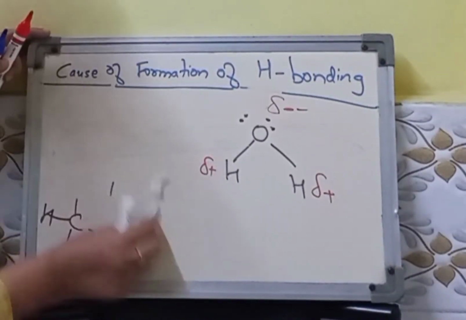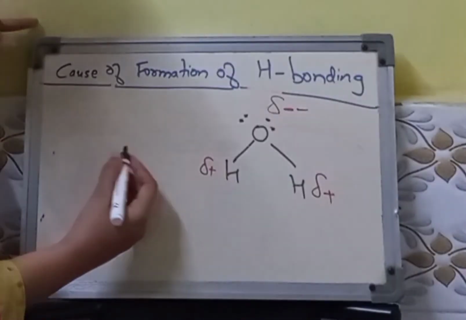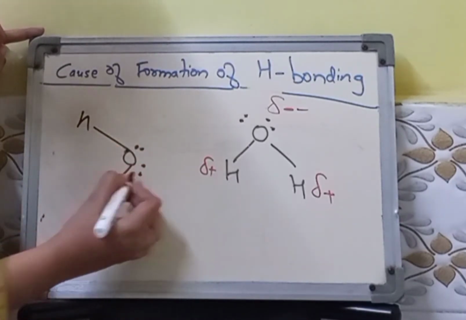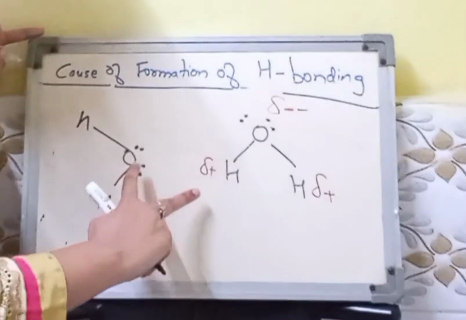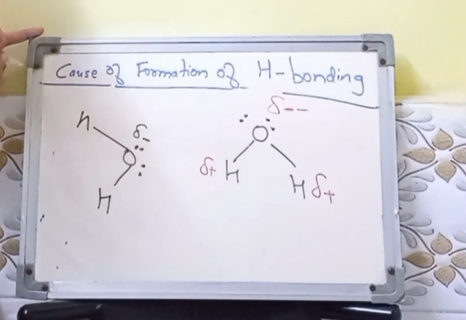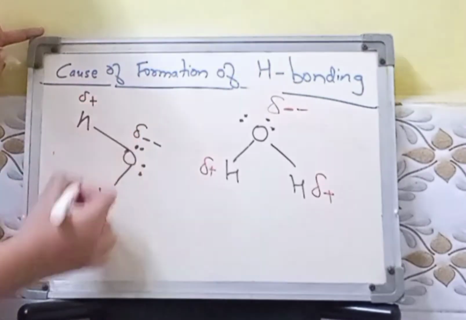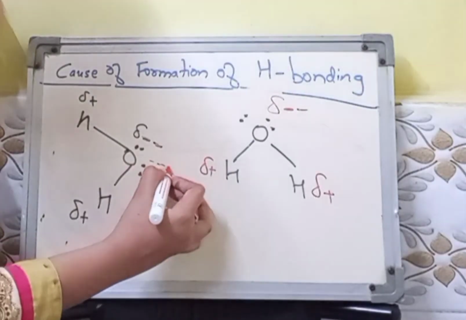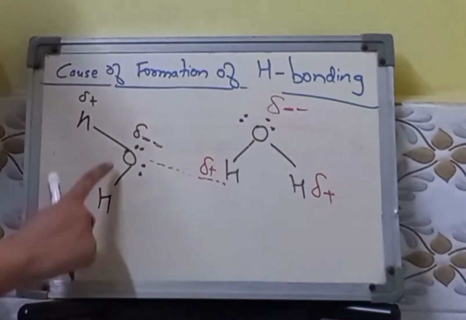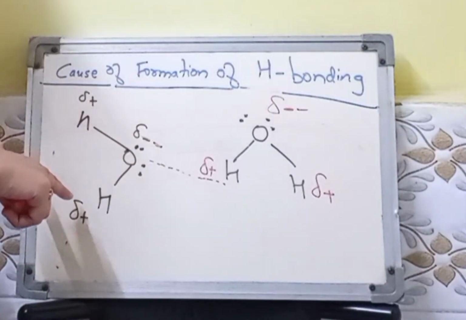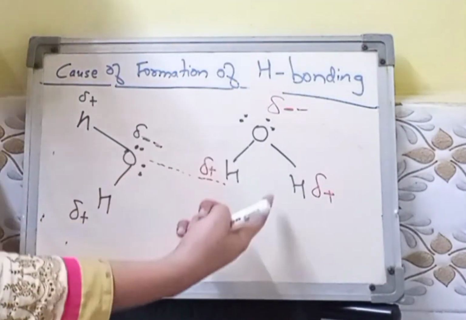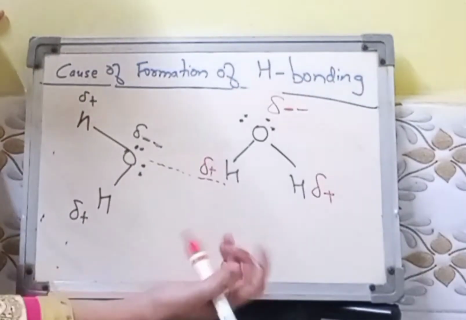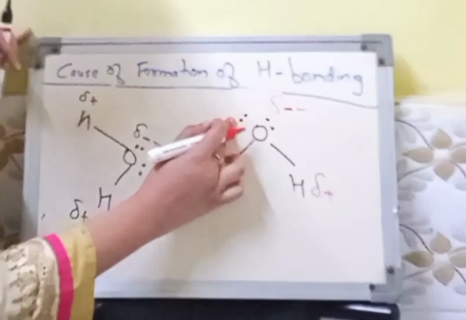When you talk about water, if I draw another molecule of water here, something like this, can you see this? Once your molecules come together, they will have opposite ends, right? The ones with opposite charges will face force of attraction. Can you see this electronegative atom of another water molecule is attracting, or I should say binding, the hydrogen of another water molecule? Similarly, there is also another water molecule.